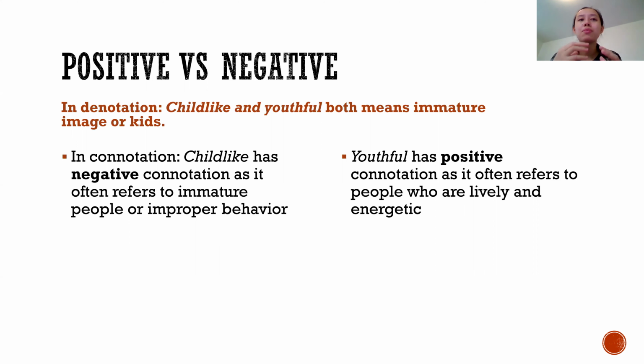If the writer describes someone as very childlike, that naturally conveys a negative message to the readers, like, oh, this person is very immature, or he always does things improperly. That negative message is conveyed because of the word choice that the writer used.